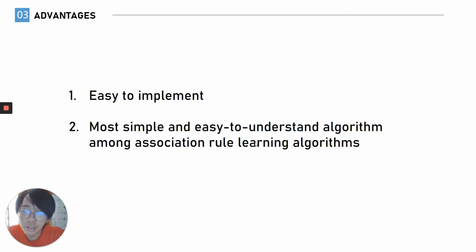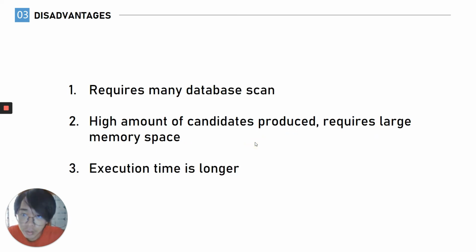The advantages of this algorithm are, first, that it is very easy to implement, and second, that it is one of the simplest and easiest to understand algorithms among the others. The disadvantage is also obvious: it requires many scans of the database.